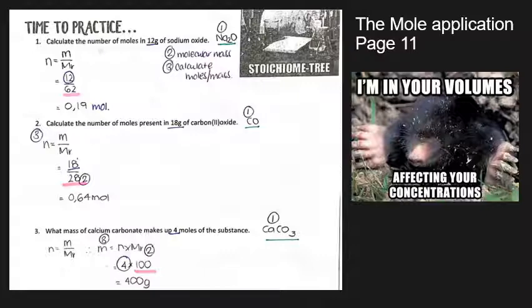It's pretty simple. Then you're going to write down your molecular mass, which should be 100 grams per mole. And then you are going to just manipulate that formula a little bit, because mass is going to be equal to moles multiplied by molecular mass. And you should get 400 grams.